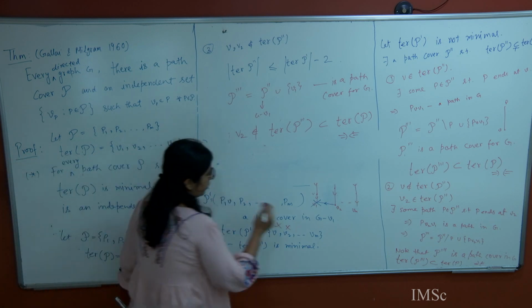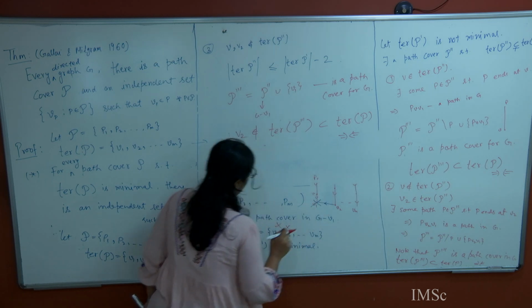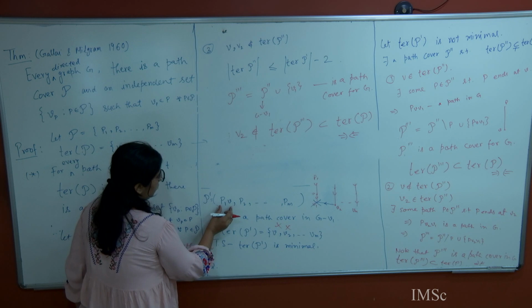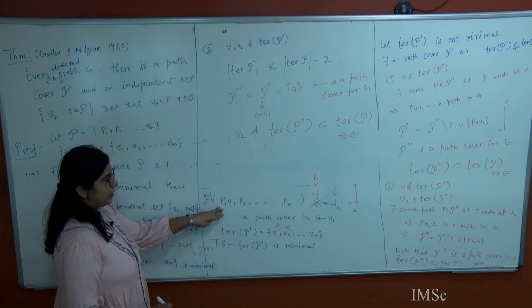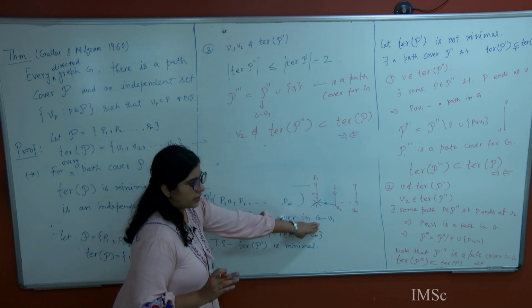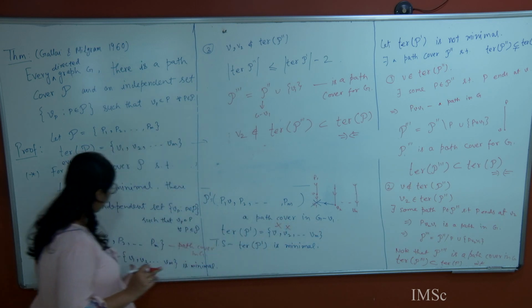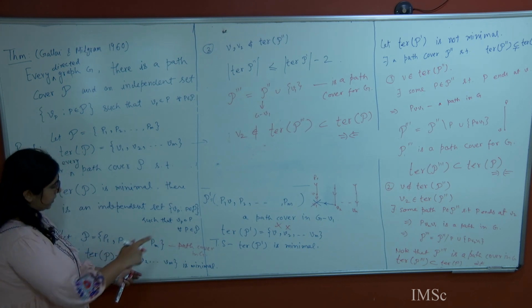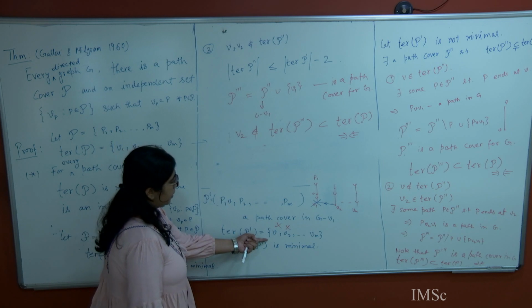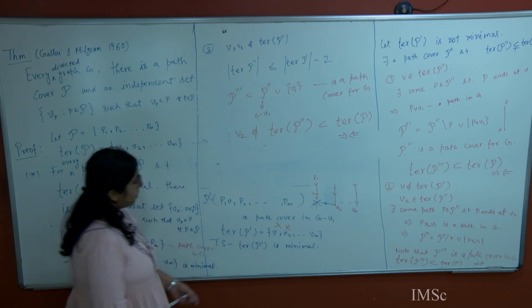If V1 was adjacent to this vertex V in P1, then my new path cover is P1, which is ending at V, P2 and Pm. This is my path cover for G minus V1. Its terminal set: earlier it was this, now instead of V1 my first path is ending at V. So this is my new terminal set for path cover P prime.